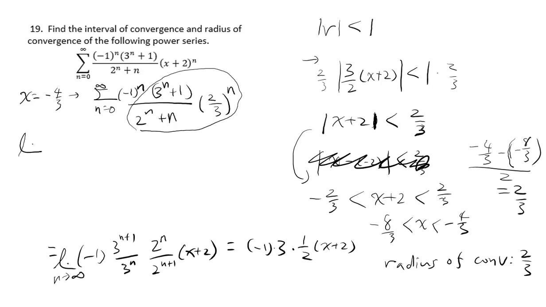So if I say limit as n goes to infinity of 3 to the n plus 1 over 2 to the n plus n, 2/3 of n, that's the same as 3 to the n plus 1. No, sorry, you're not adding 1 to the exponent. You're adding 1 to 3 to the n.